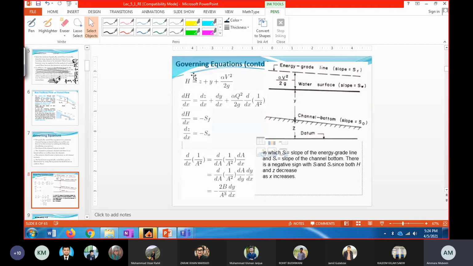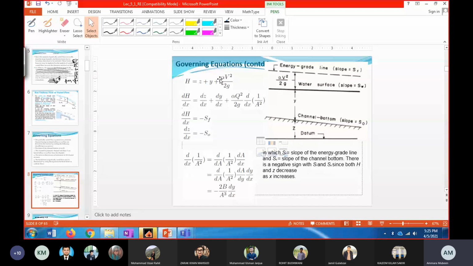The total head H at this section would be equal to Z plus Y plus alpha V square over 2g, where alpha is the energy coefficient, which is used to cater to the difference between the mean velocity head in a channel section and the velocity head computed with the mean velocity.